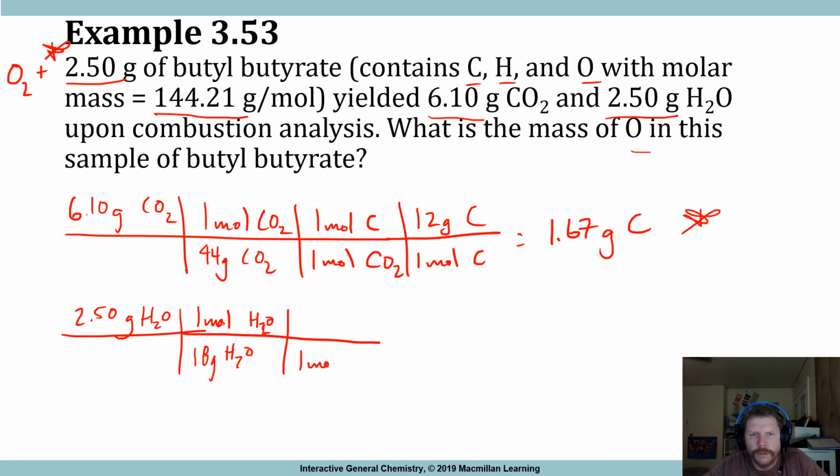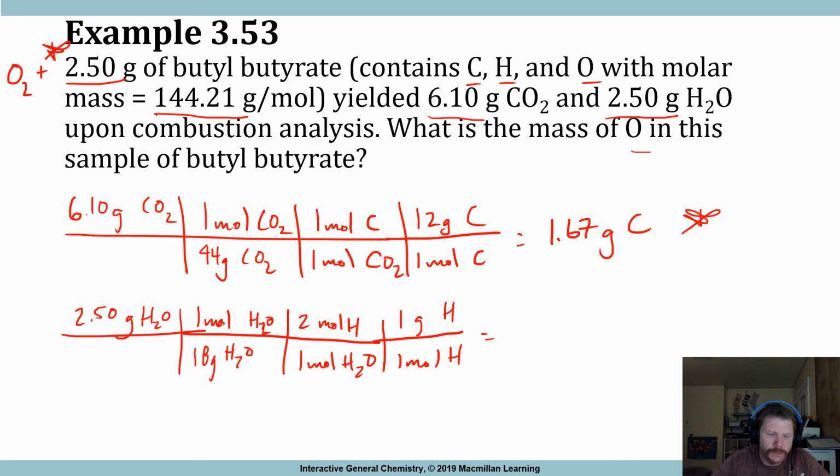One mole of H2O has 2 moles of hydrogen. 1 mole of hydrogen has a mass of 1 gram of hydrogen. So 2.5 times 2, I'm going to divide that by 18, and I'm going to get 0.28. Okay, so that's the mass of hydrogen present.